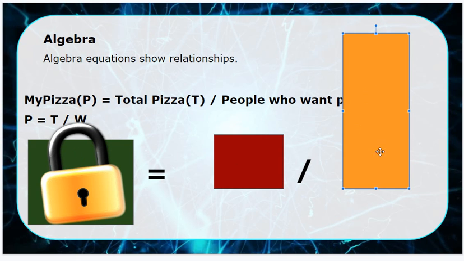Now before, if yellow got bigger, green would get smaller. But now it's locked. So how do we balance this out? Well, if this one gets bigger, then this one must get bigger too.